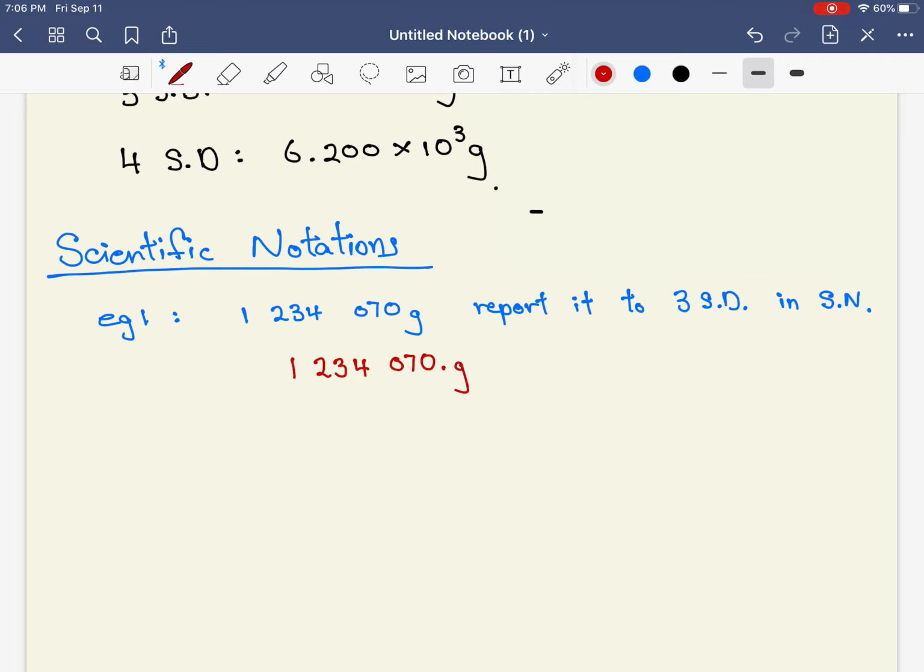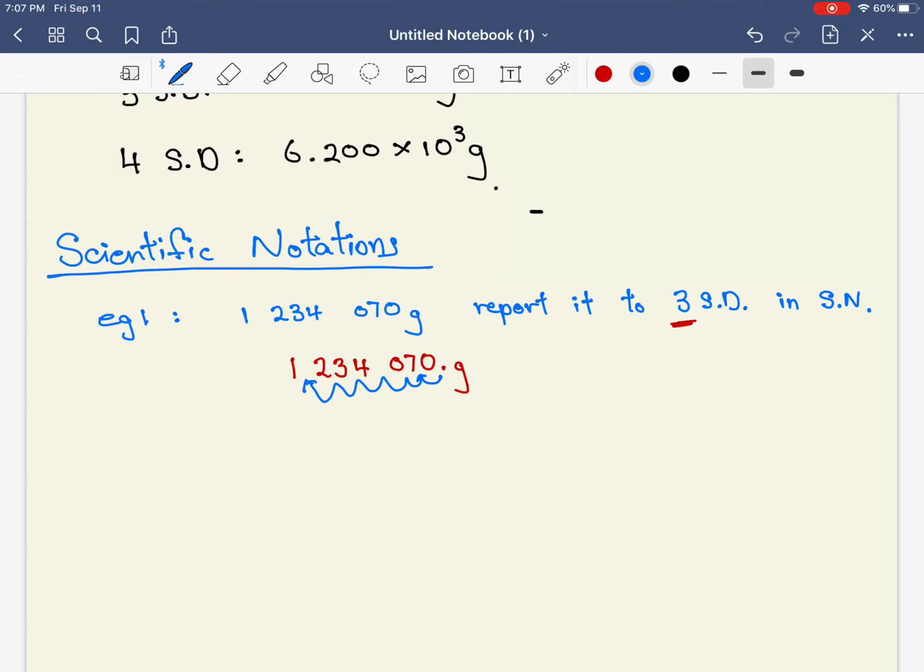Remember, scientific notation is based on a number from 1 to 9, then point, then whatever you're supposed to report. In this case, I want to report 3. So I'm going to move this decimal to the left, not totally left, but after 1. I'm going to move it 1 space, 2, 3, 4, 5, 6.